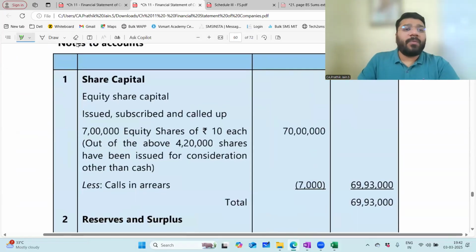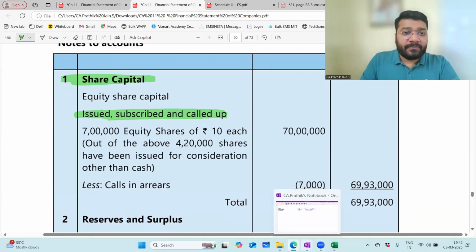There's no information about the authorized capital, so leave it blank. So write note 1, share capital. Under that, issued, subscribed, and called up capital. Sir, but we considered 70 lakh. We can do that, nothing wrong. You can leave it blank also. What did they do in the previous question?